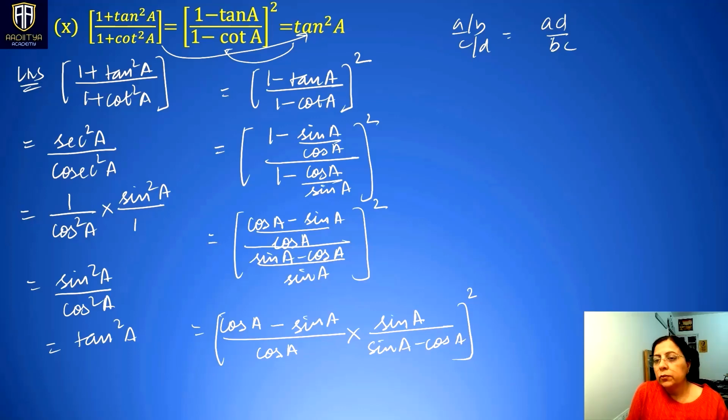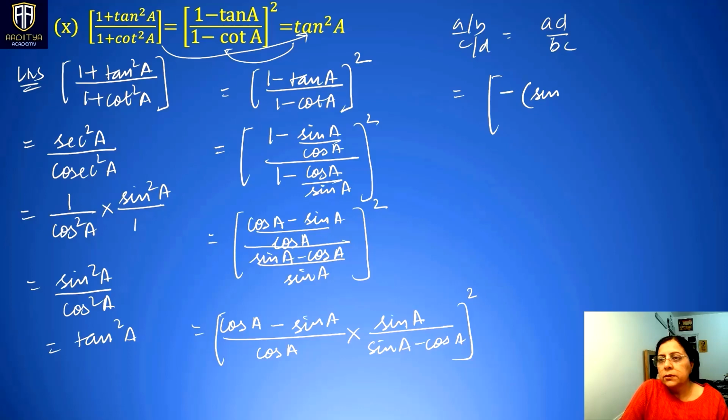Now see how can we do this. This is cos A minus sin A, this is sin A minus cos A. When we have exactly the same expression with opposite signs, we can take out minus sign common from either of the two brackets to make them same. I am taking out minus common from the numerator.